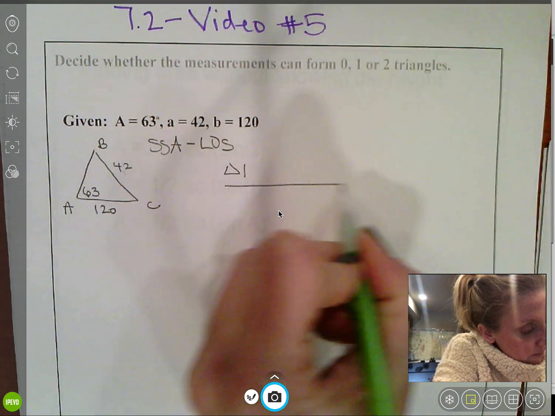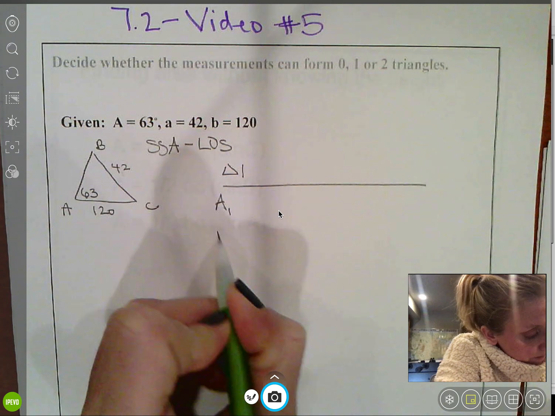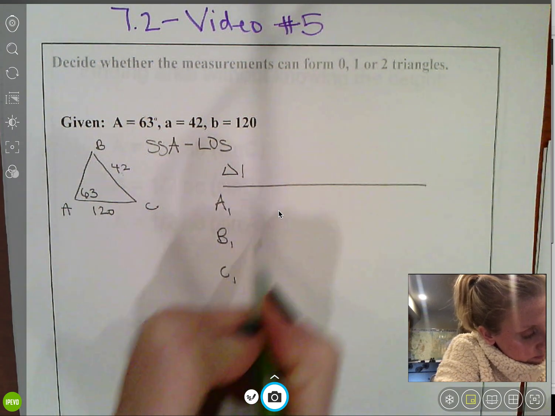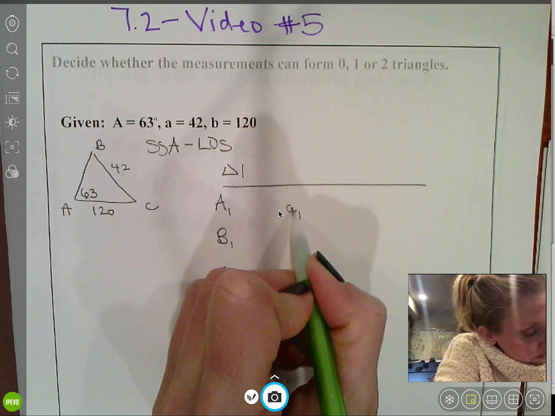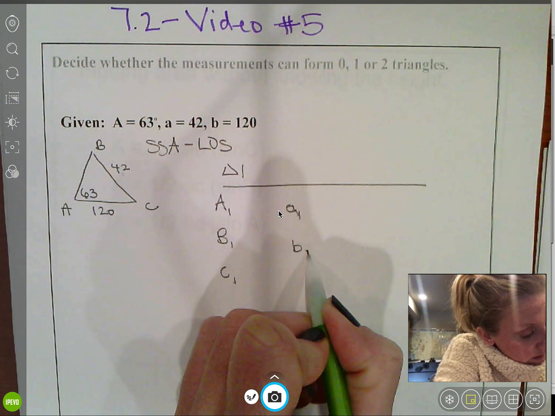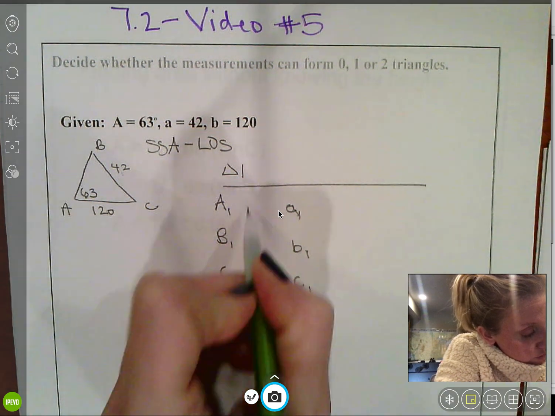So set up your page to have room for 2 triangles.